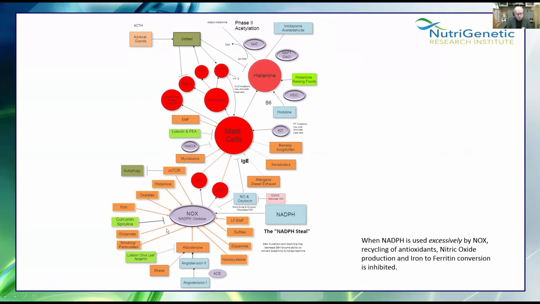So the perfect storm is when one of these down here causes NOX to be overactive. Perhaps you've got some KIT variants that overreact. You might have some weakness in HMOX that calms it down. If you've got low nitric oxide or oxytocin, you don't have that modulating effect. Then you're creating all that histamine.